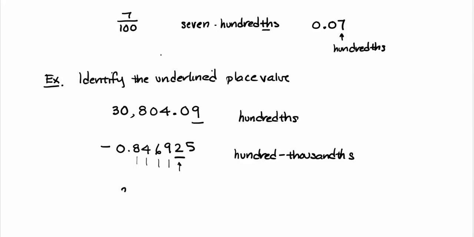And let's do one more, 293.604. So now notice this, if we're looking for the 9 in this case, our 9 is in front of the decimal, right? So this is our ones, and then this is our tens. So that 9 is in the tens place. Not tenths, but tens, okay?